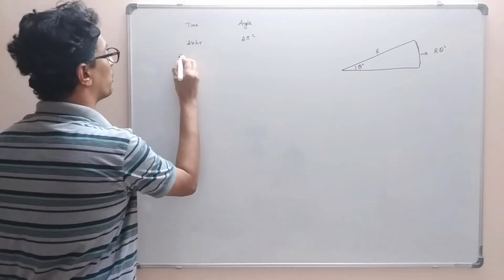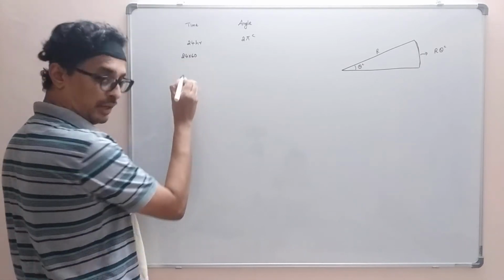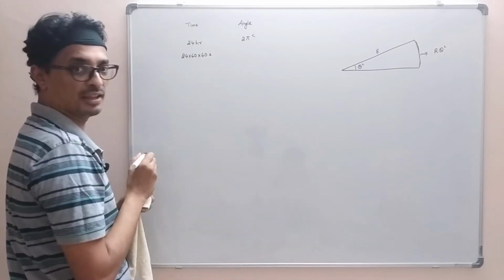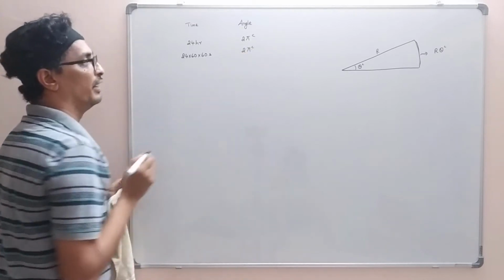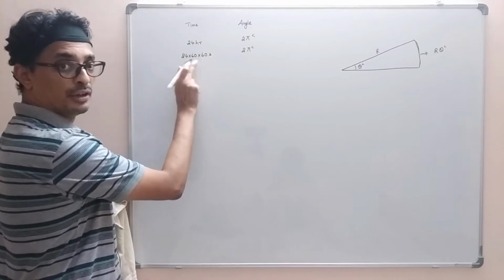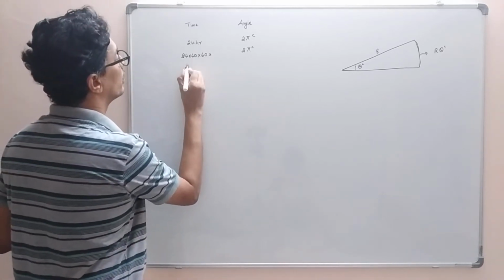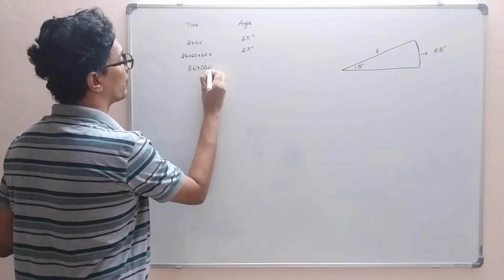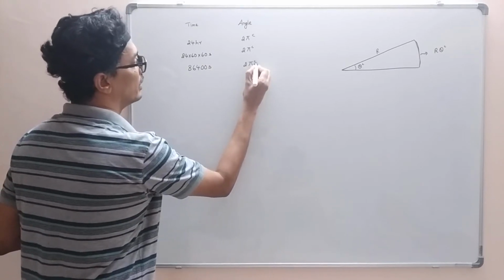So 24 into 60 minutes into 60 seconds. What is the angle it makes? 2 pi radians. So 3600 into 24, how much will it come? 86400 seconds. It makes 2 pi radians.